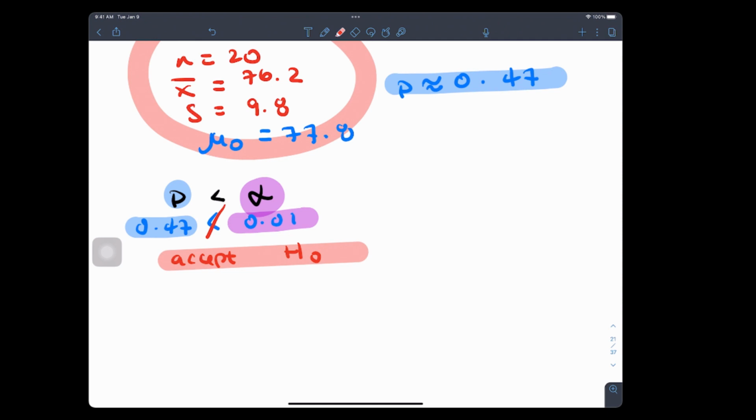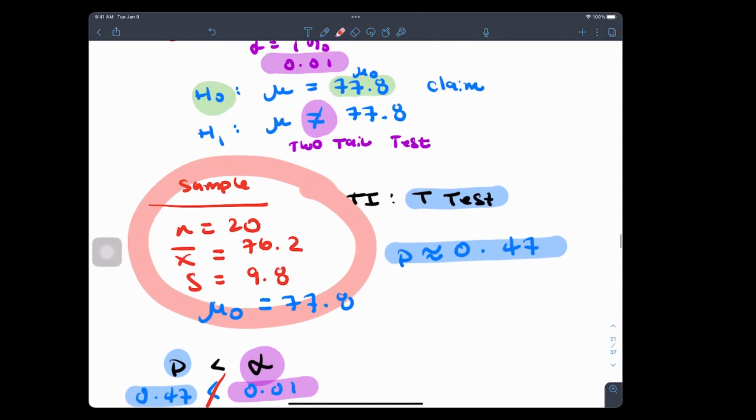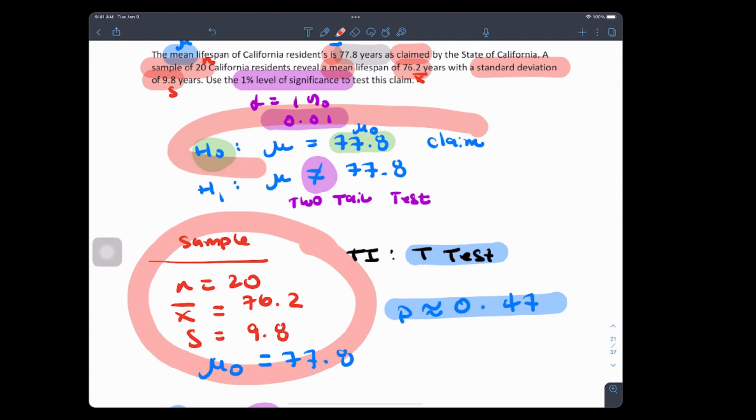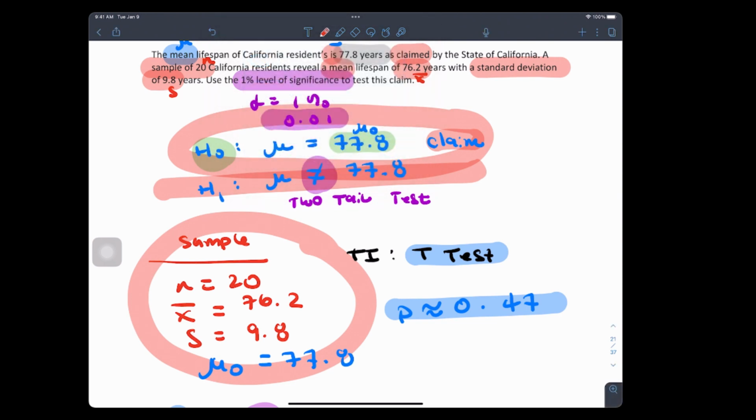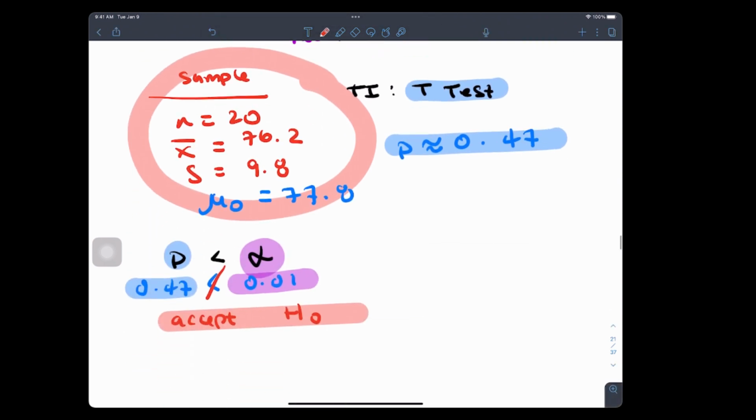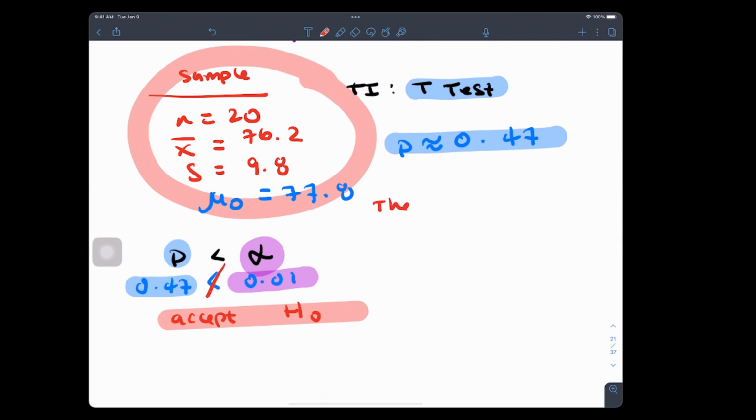It means you accept the null. The null is accepted and the alternate is gone. We happen to accept the claim, so the sample supports the claim.